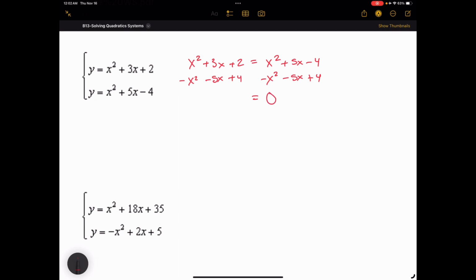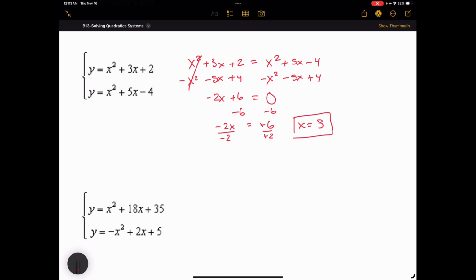By design, it's 0. x squared minus x squared, that's convenient. And 3x minus 5x is negative 2x. 2 plus 4 is going to be 6. Okay, negative 2x plus 6 equal to 0. We'll solve this for x, minus 6. So negative 2x is equal to negative 6. Divide both sides by negative 2. x is equal to, so the negatives cancel, 6 divided by 2 is 3.